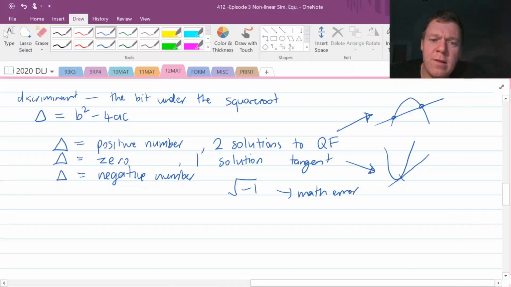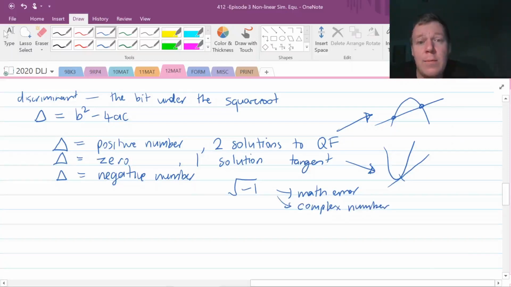That's because that's a number that doesn't exist. That's actually year 13 calculus, dealing with complex numbers in the imaginary plane. So really what we say is there are no real solutions. There might be imaginary solutions, but you guys don't need to worry about that until then.